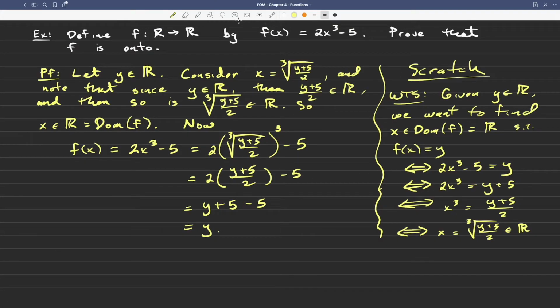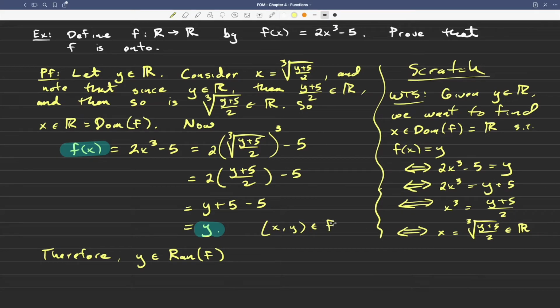So what I've just shown here is f of my x value equals y. Therefore, y is an element of the range of f, because I've shown that y is paired up with some element x in the domain as the second component of an ordered pair in this function. Because I have f of x equals y, that's the same as (x, y) being an element of f.